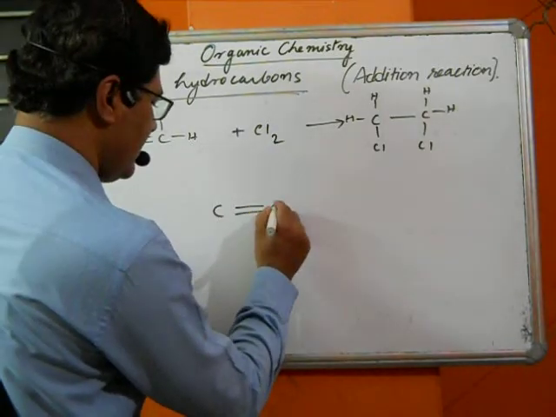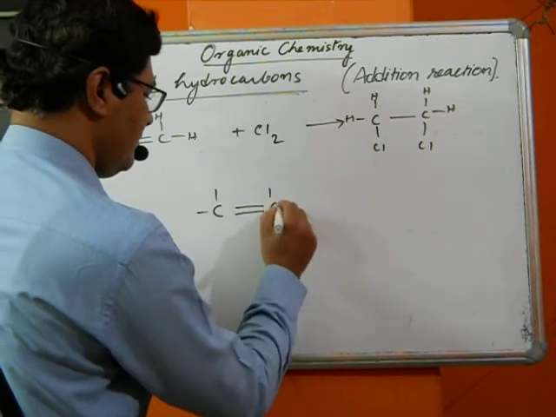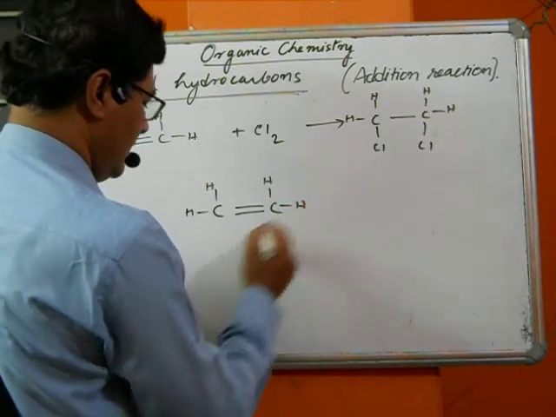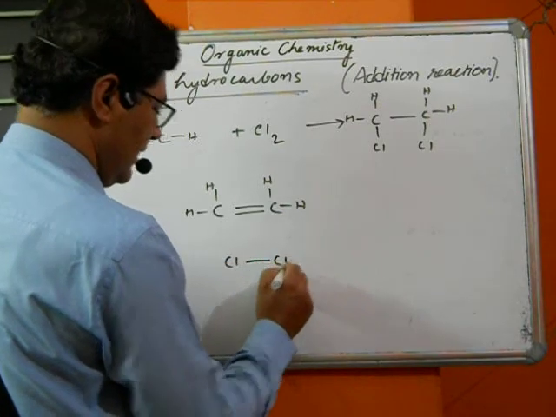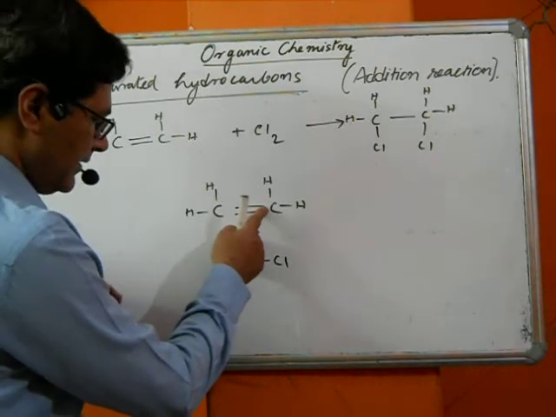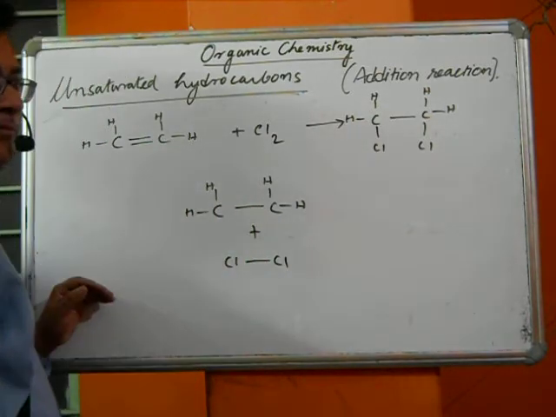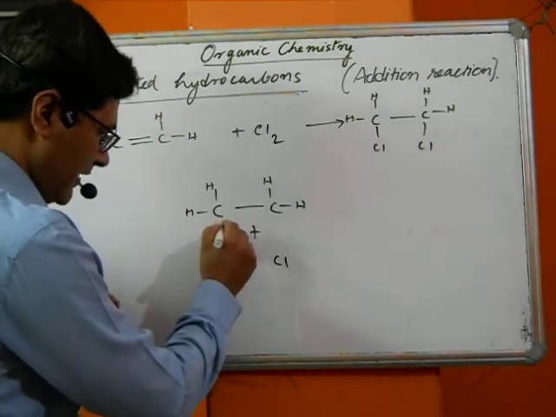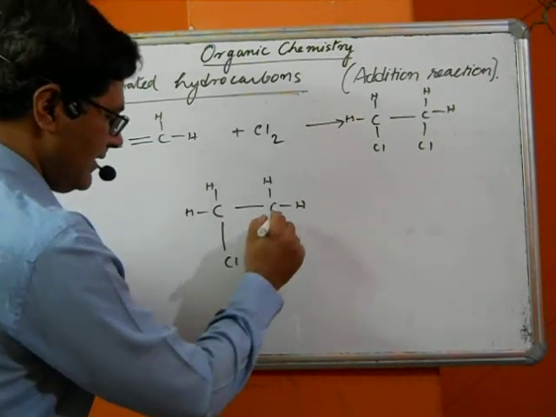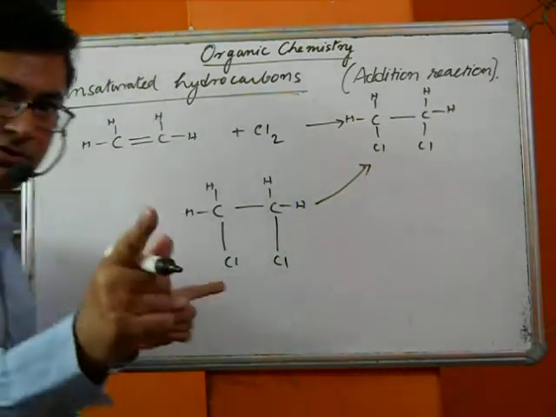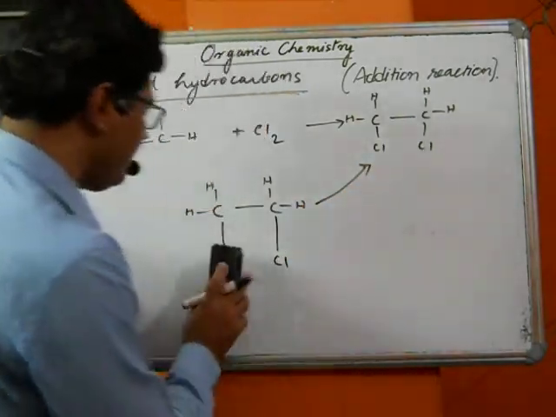This is a double bonded compound, right? A chlorine comes over here. So this is combining with this. So what happens? This bond breaks. This combines with this. And this combines with this. See? Understood? I'll do it once again.